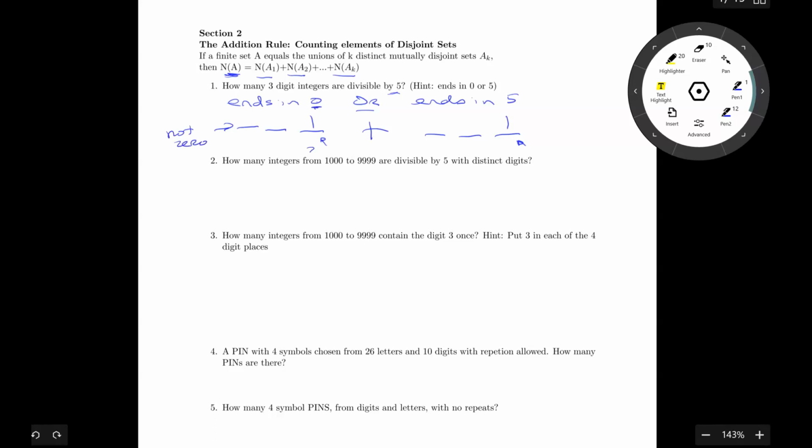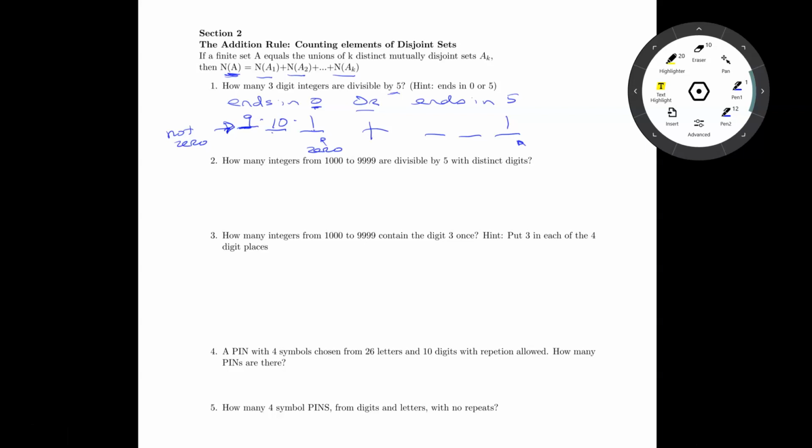But I already put the 0 here, so I don't have to worry about that. So how many choices do I have here for 3-digit integers? It isn't 0 here, so there are 9 choices here, and these are not distinct digits or anything. So there are 10 choices here, and that's me putting the 0 here.